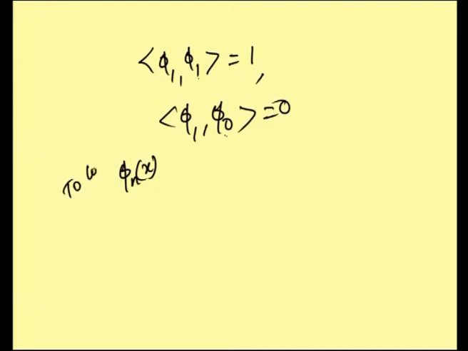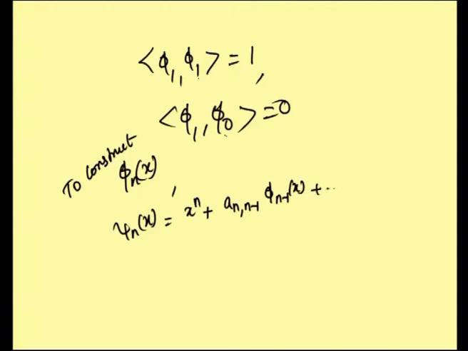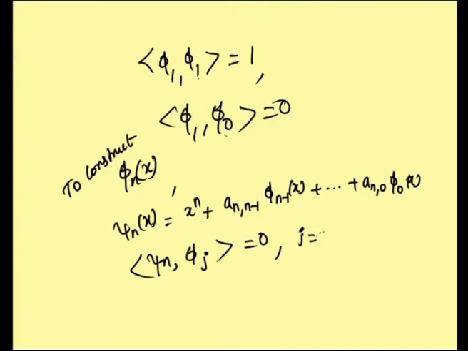Okay, to construct in general phi n of x, define psi n of x is equal to x power n plus a n comma n minus 1 into phi n minus 1 of x plus etc. plus a n comma 0 phi naught of x. Okay. And observe that the constants are chosen to make psi n orthogonal to phi j for j equal to 0, 1, 2, etc. up to n minus 1.